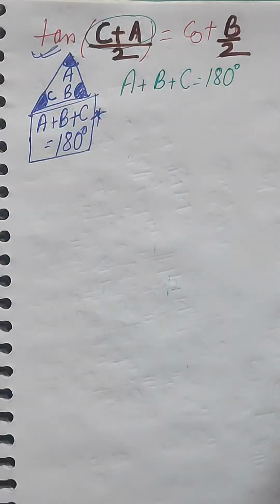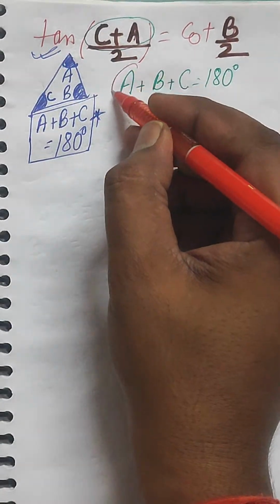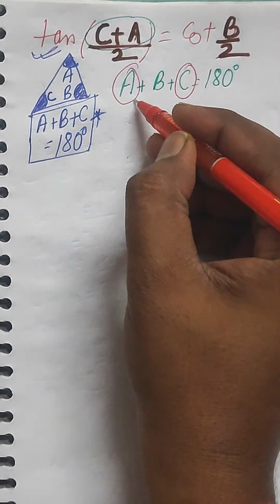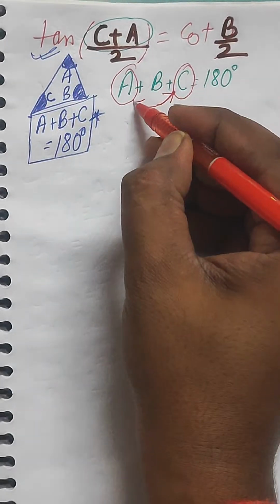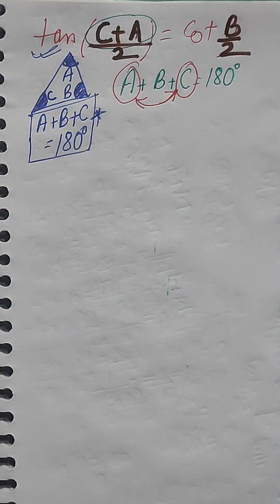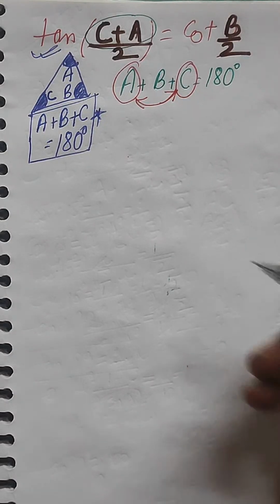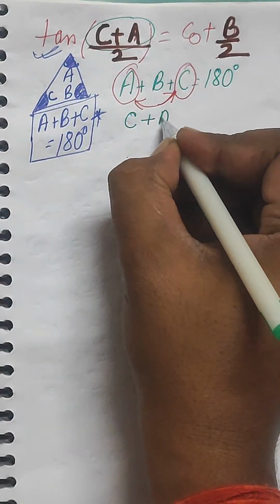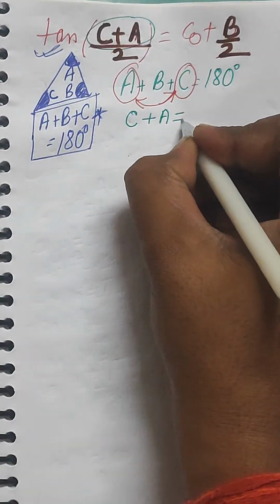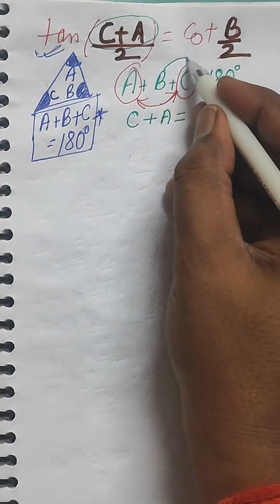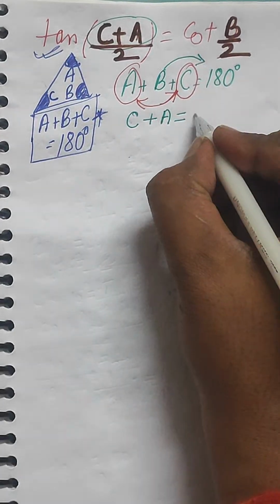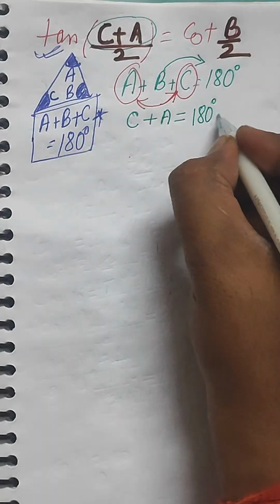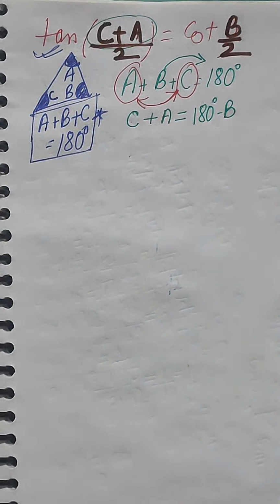So we will also make a combination of c and a, because this is also asked in the question. So here we will keep c plus a on one side of the equation and push b to the other side, and it will be 180 degrees minus b.